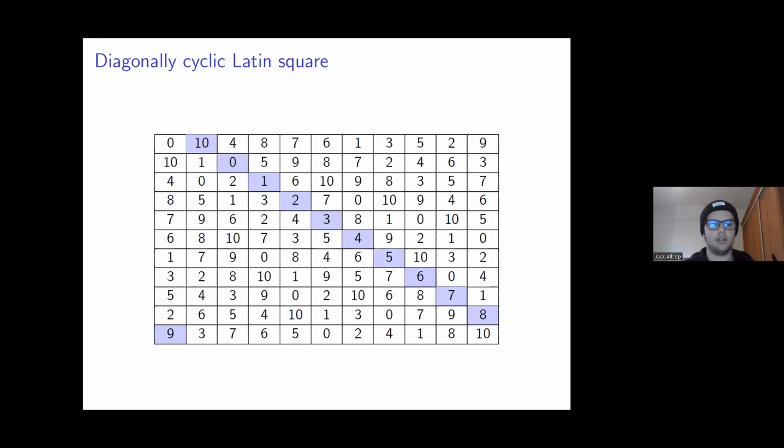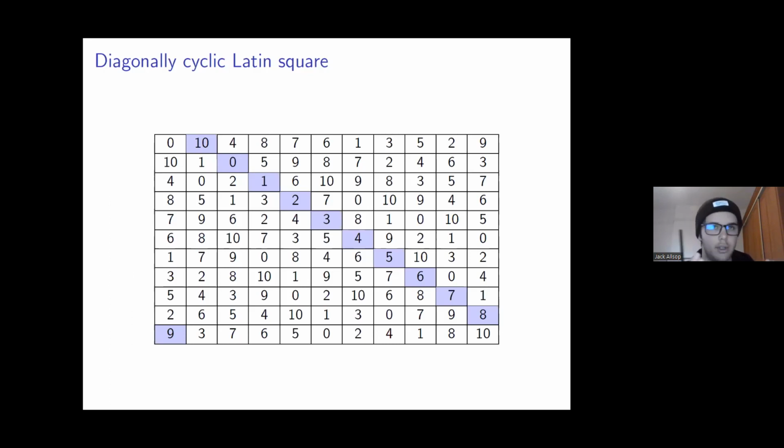And as a result, the sequence of symbols on any broken diagonal, which is just a diagonal which wraps around the square when it reaches a border, forms a sequence of consecutive integers modulo the size of that square. So here, the highlighted cells are a broken diagonal of this square, and you can see that the symbols on this broken diagonal form a sequence of consecutive integers modulo 11.